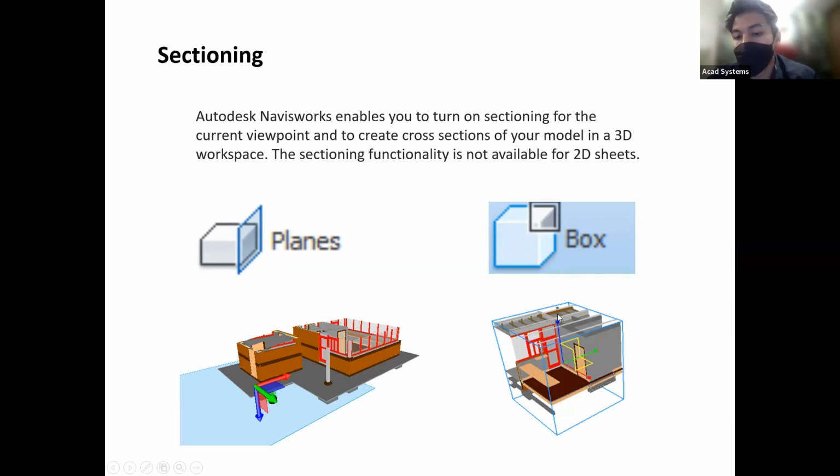We can control the size of this box, and we can also move around this box to section throughout our building. So this is the description. Basically, this sectioning only works for 3D. If you're viewing your 2D sheets in Navisworks, you cannot do sectioning. It's just for 3D models.